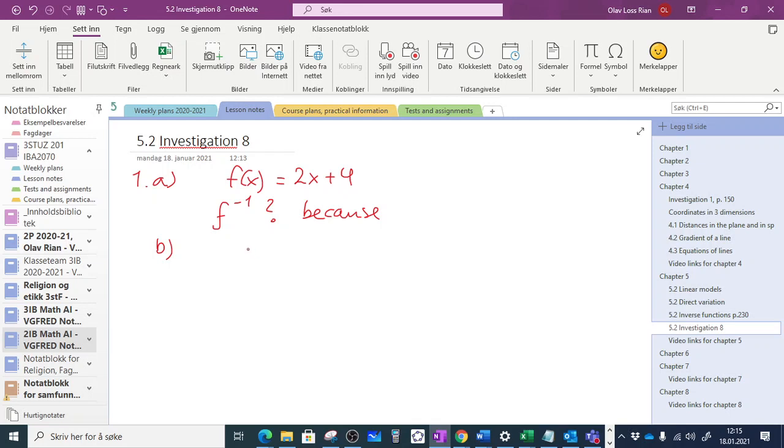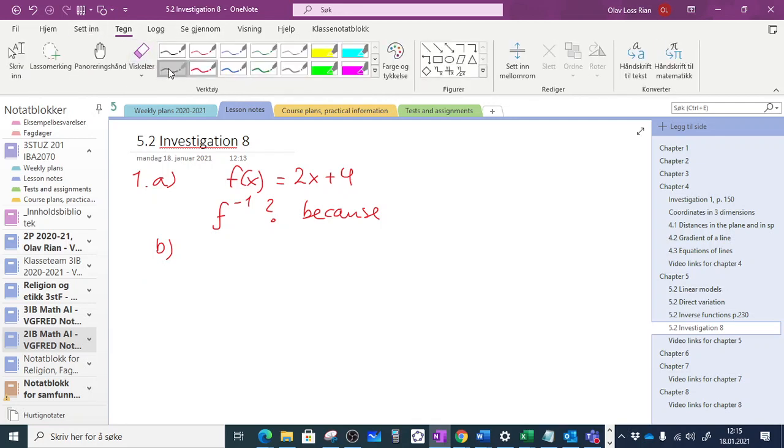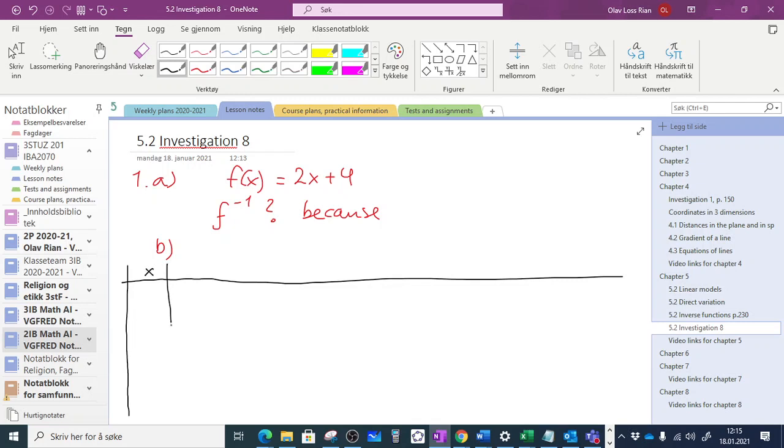We're going to complete the table that we find here. So we start off with a column of x values.